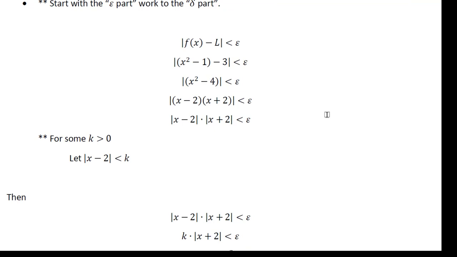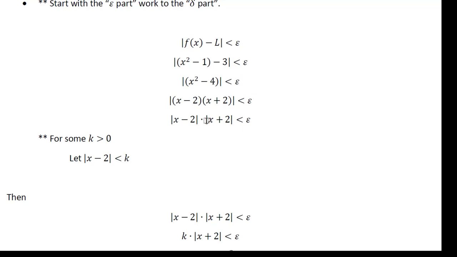Then I factor to get x minus 2 times x plus 2. The absolute value of x minus 2 times x plus 2 is also the same as the absolute value of x minus 2 times the absolute value of x plus 2.